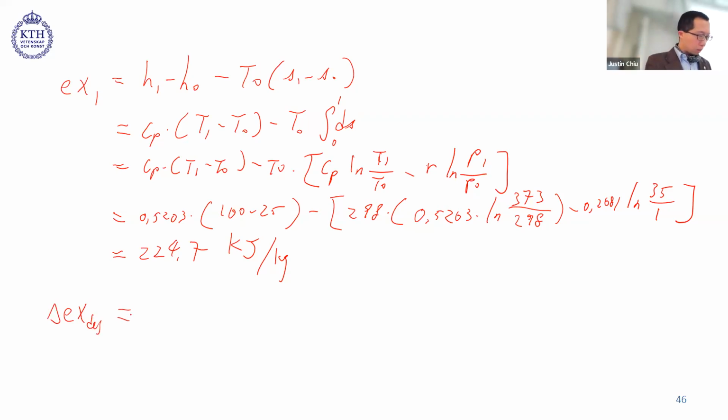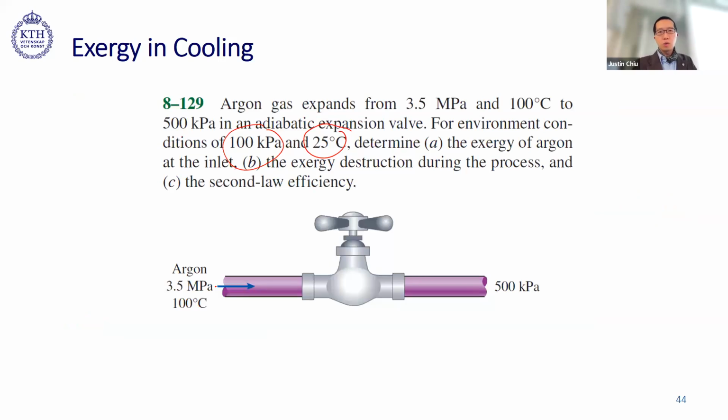So this one would be, we just go to the definition, T0 times the integral of ds from state 1 to state 2. So this is the exergy destroyed during the process, from state 1 to state 2.